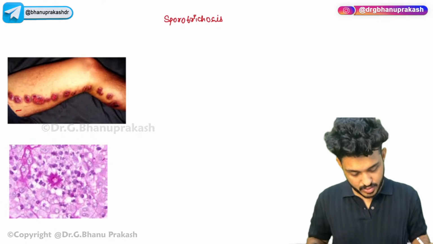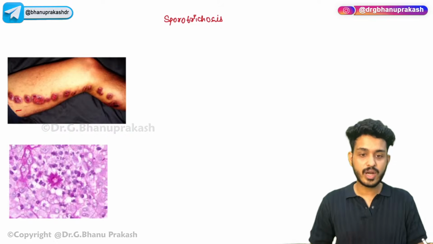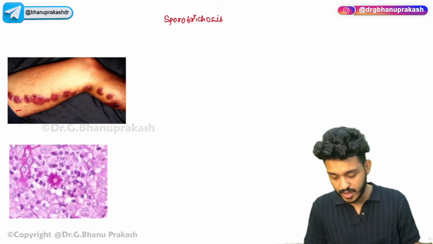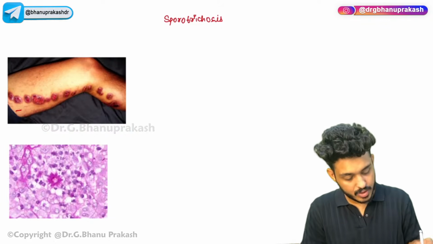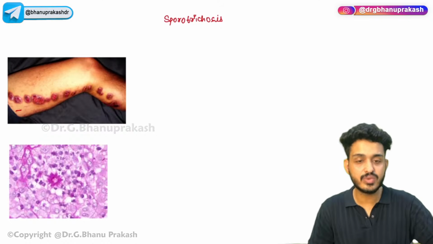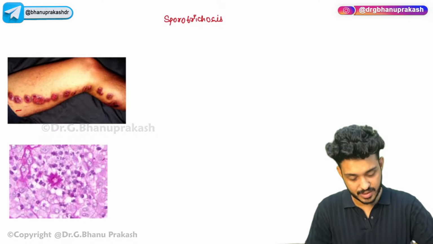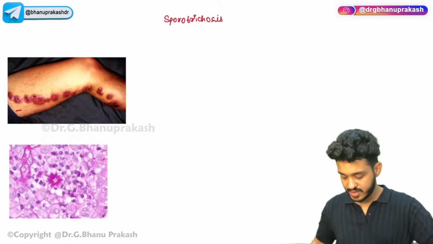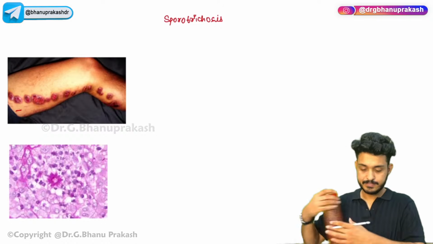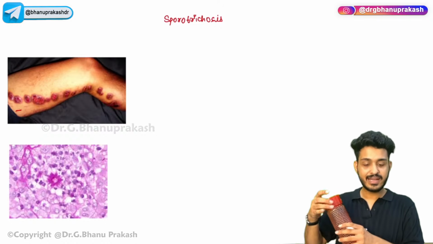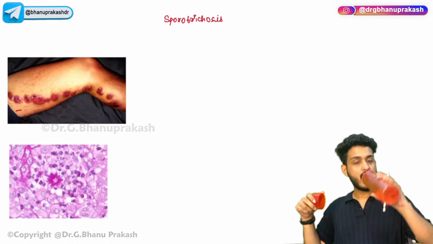Okay, guys. So this is about sporotrichosis. What is the causative agent for sporotrichosis? Please try to answer. And what is this spread that is given here?